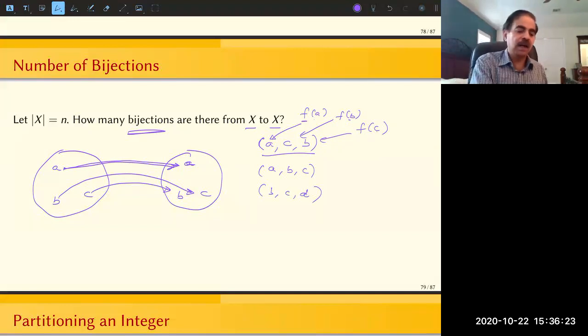Because if this is F, maybe this is defining, let me call this F1. So this is defining a function F1. This is defining a function F2. This is defining a function F3, and so on.